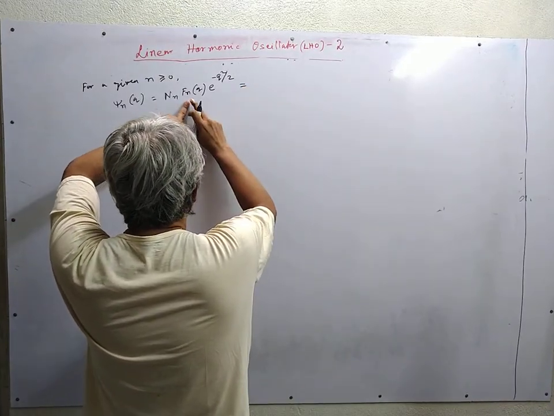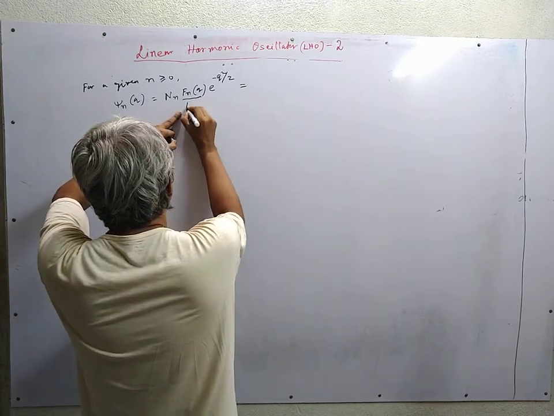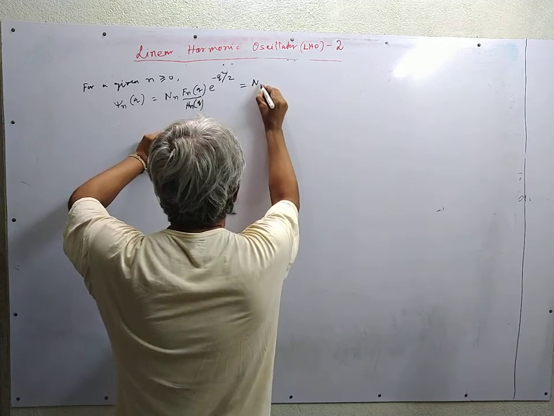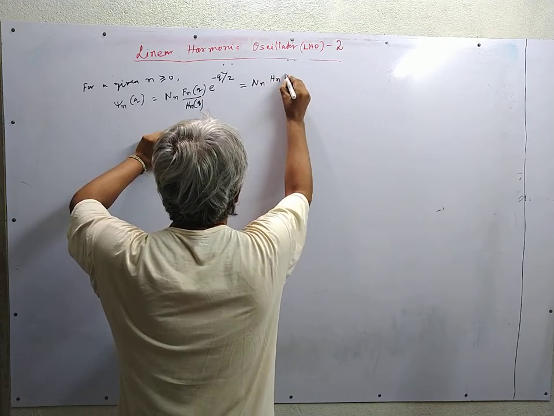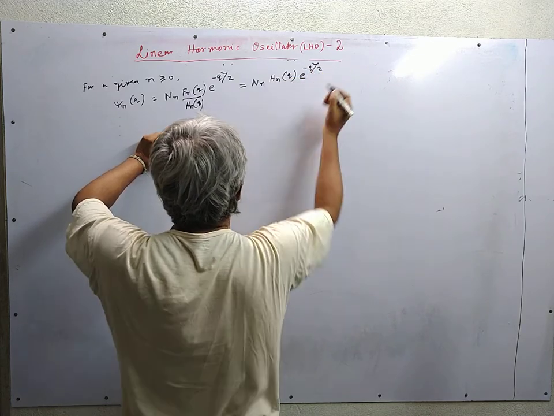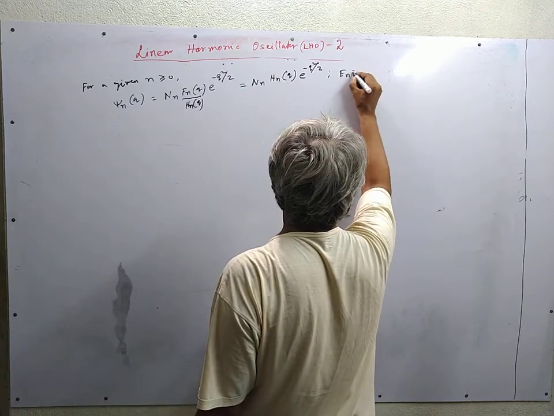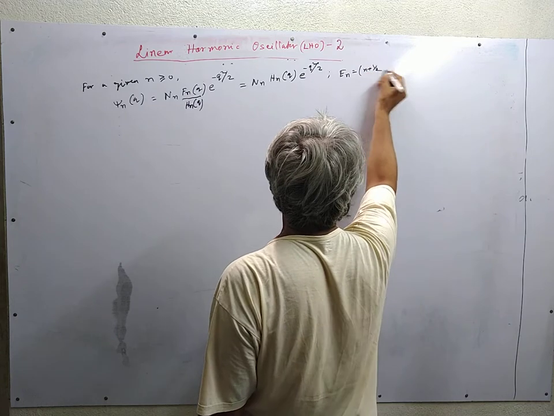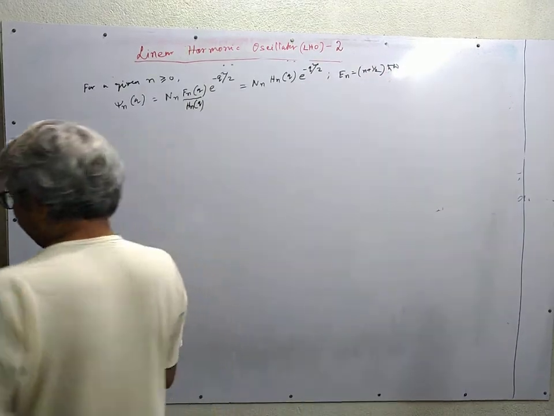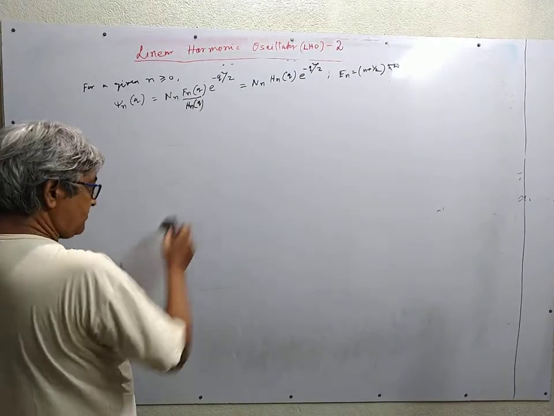We have seen that for the well-behaved solution, this F n must be equal to H n, the Hermite polynomial in dimensionless form, and the corresponding energy levels are E n equal to n plus half h cross omega. Now the first thing is that we need to normalize this wave function.